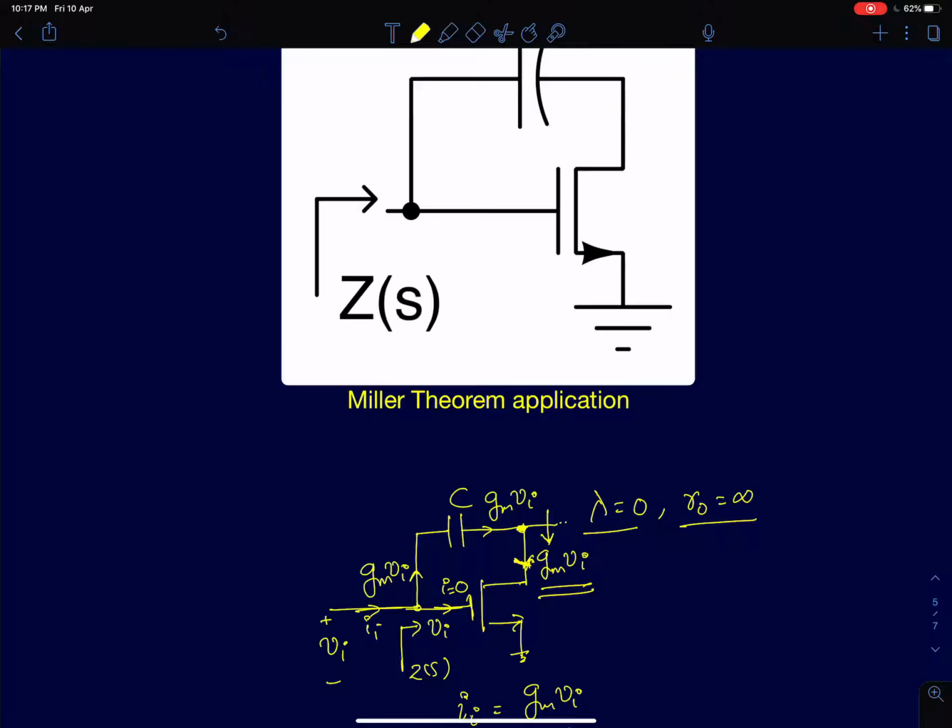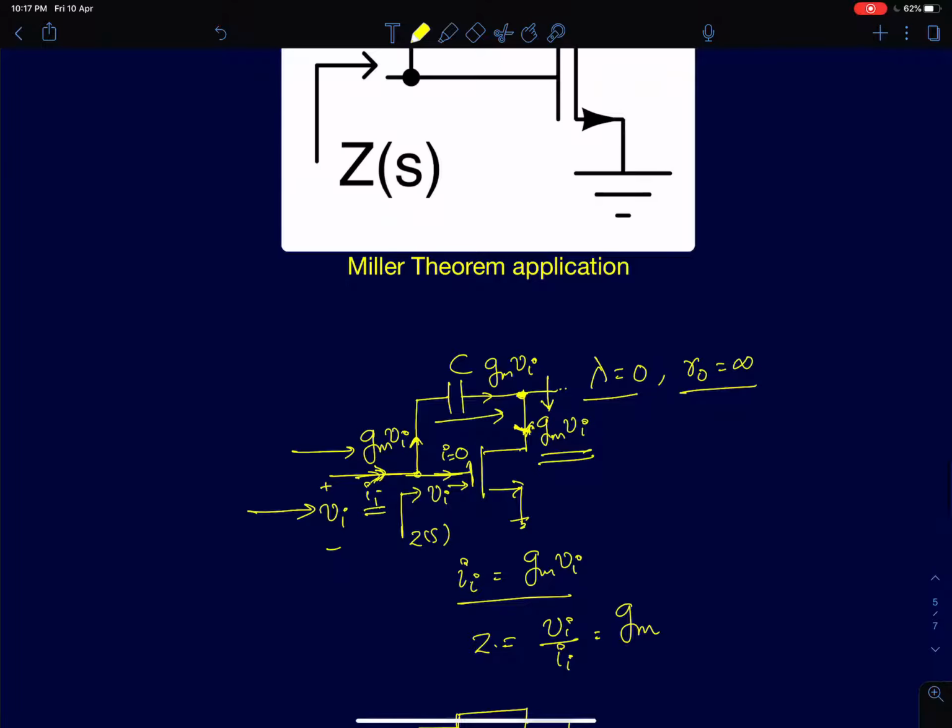So the only path it will take is through the capacitor, and that is the same as the input current drawn from the voltage you apply. The current through the gate is 0, so the entire input current Ii drawn from the voltage source Vi will be exactly equal to GMVi. Then the input impedance seen is simply 1 by Gm.